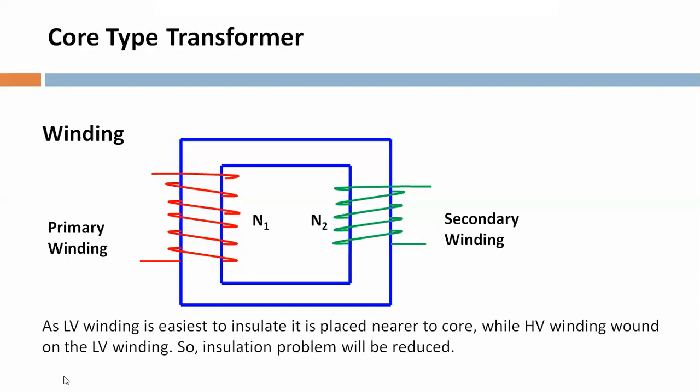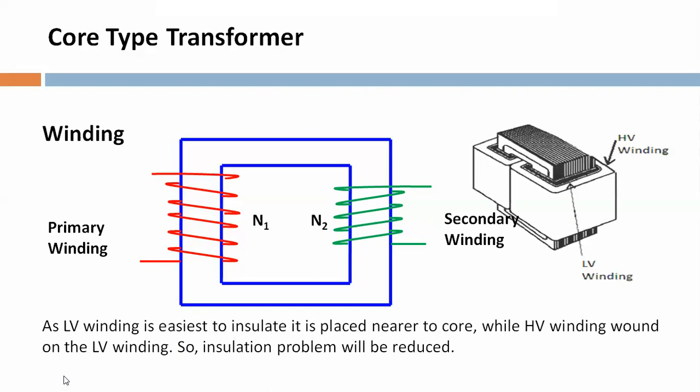So the insulation problem will be reduced. That is the advantage of making these types of winding. And this is the view of the LV winding and HV winding. We understand it better with the help of the core-type transformer.